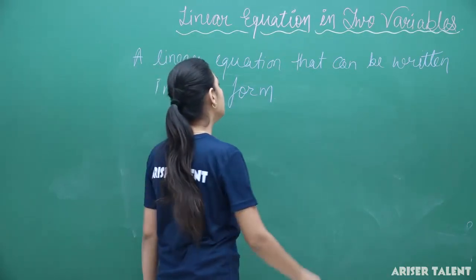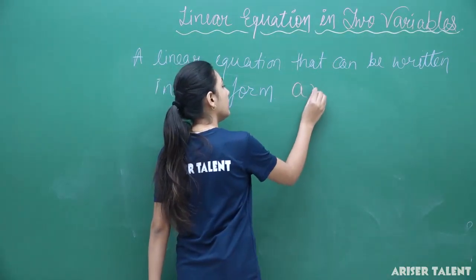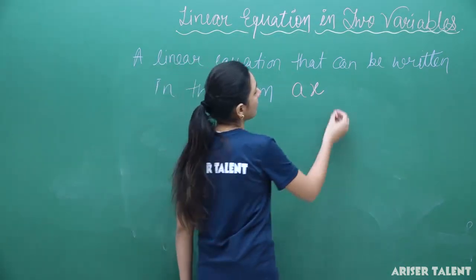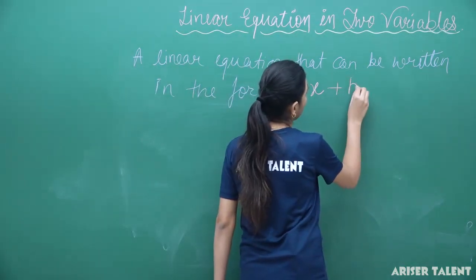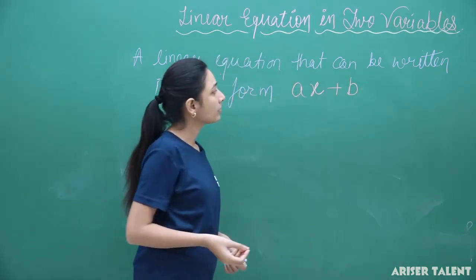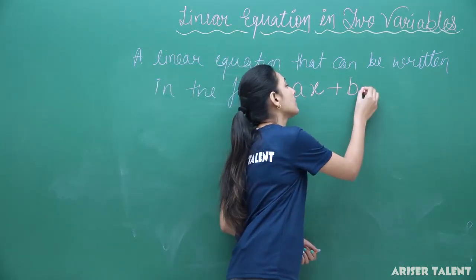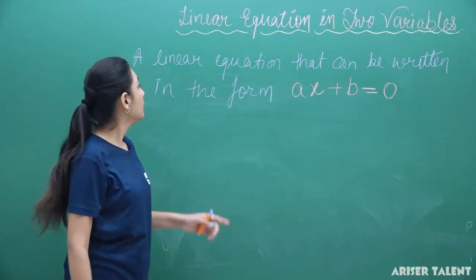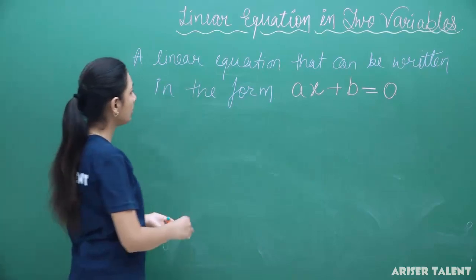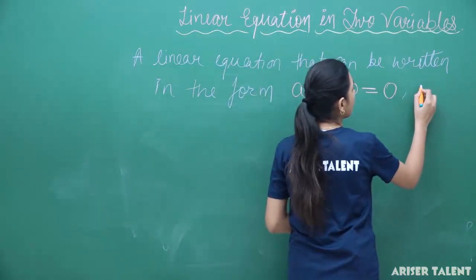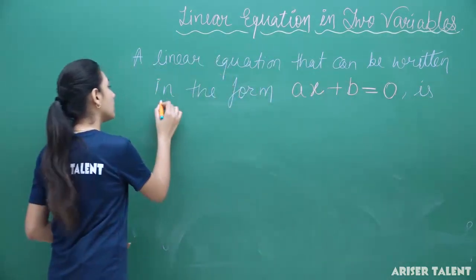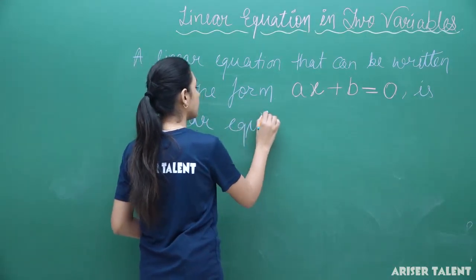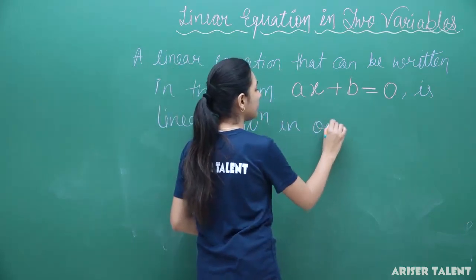Have a look here. Ax plus b equals to 0. So, this is linear equation in one variable.